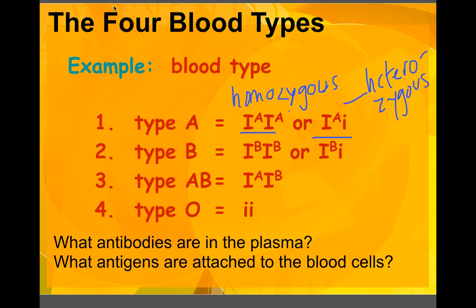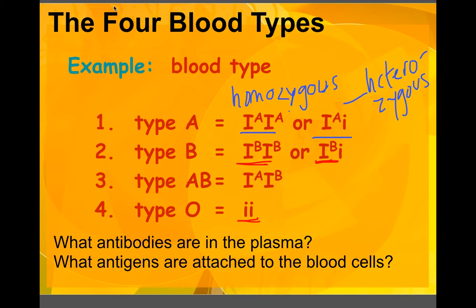So an individual that has type B blood could have this blood here or this blood. Type AB is a codominant trait, which has only one version, capital I superscript A, capital I superscript B. And type O has no antigens on it, and it's represented by two lowercase i's.